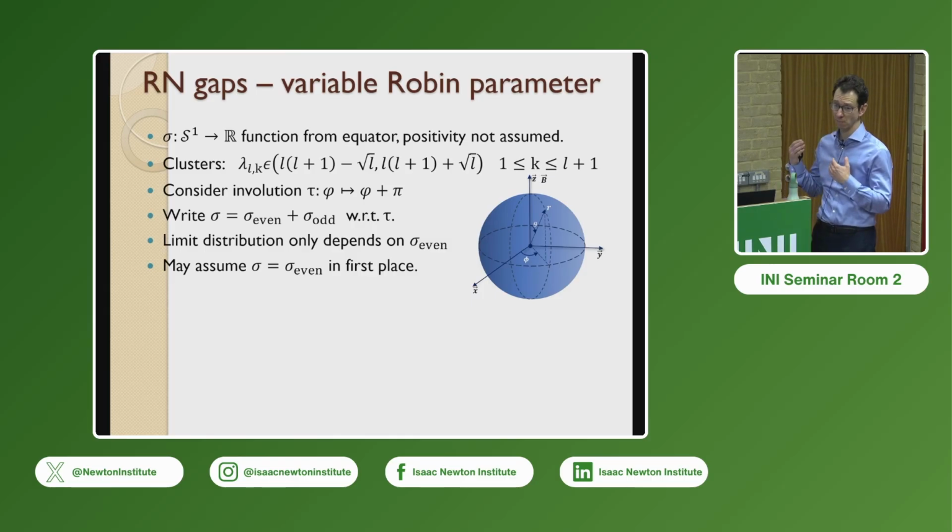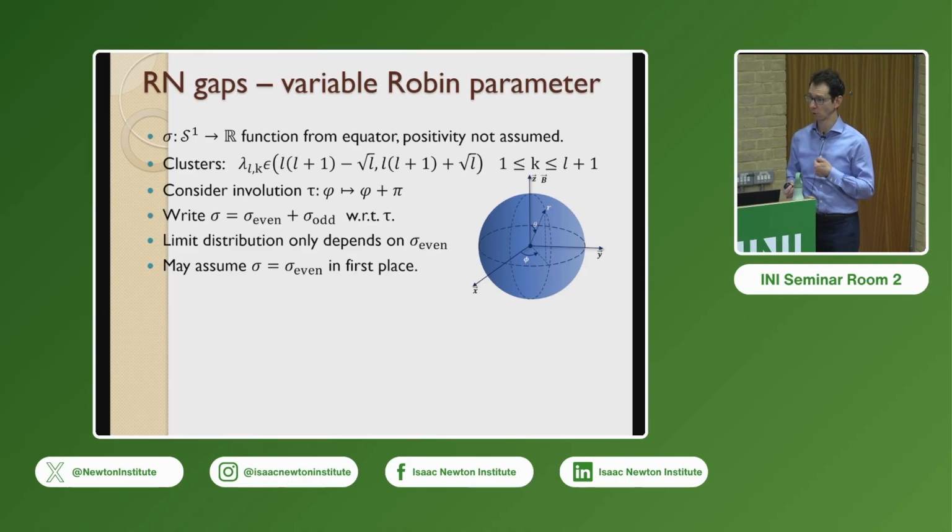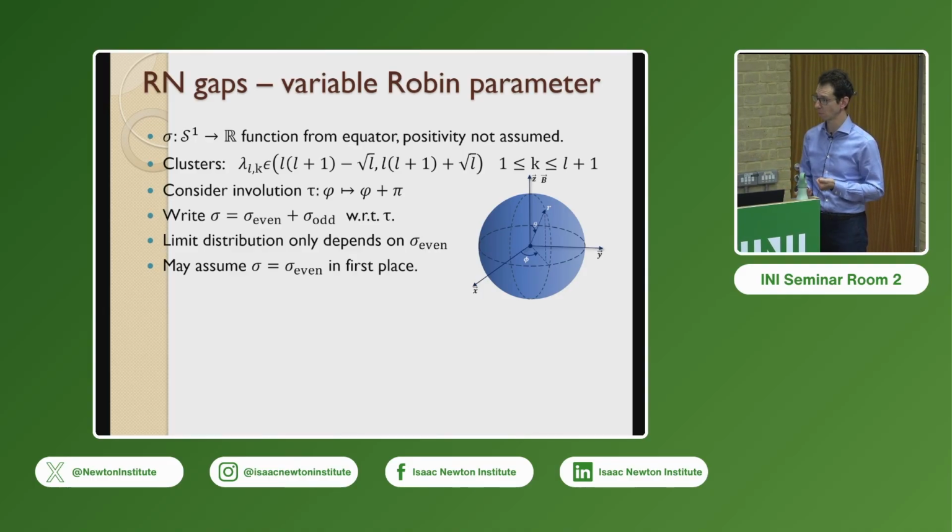There are some odd functions with respect to that involution and some even ones. Every function on the equator we can decompose as a sum of odd and even. It turns out that the limit distribution only depends on the even part, and no matter what the odd part is, it has no impact on the answer.